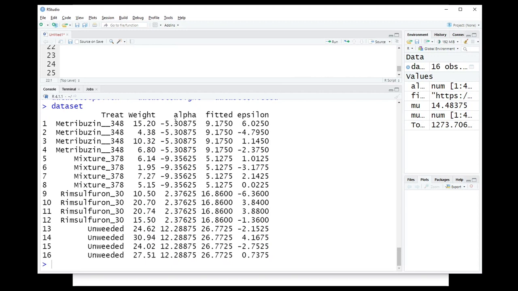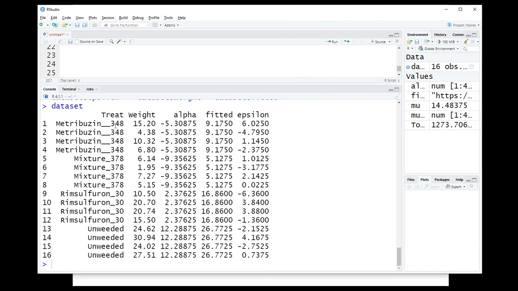Okay? And this leads us to the fitted value. The fitted value is obtained by summing mu with the treatment effect. So we are excluding any other random effect. What is the random effect? The random effect is written here. So we can read this.